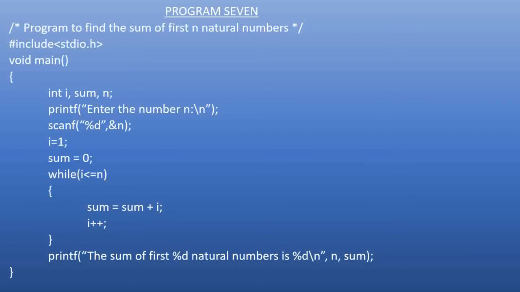Then you add that 6 to the next number, that is 4. So 4 plus 6 is 10, and you add that sum with 5. 10 plus 5, you will get 15. So each time the sum is getting added up, something like cumulative.